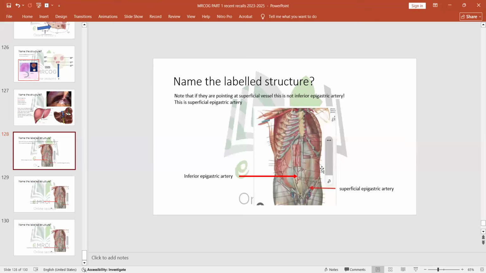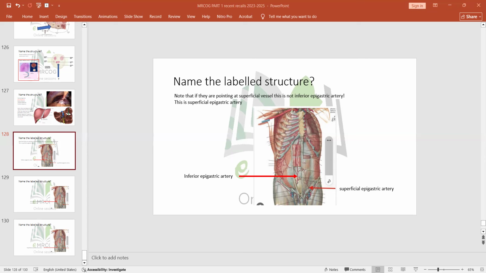If they remove the fascia and now we are dealing with an artery that is just beneath the muscle, this is the inferior epigastric. The inferior epigastric artery has many questions. Many. So everything you need to know about inferior epigastric, please do.